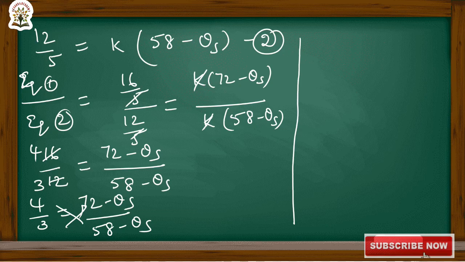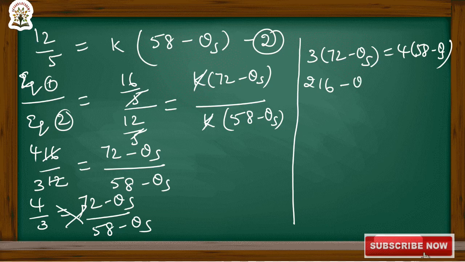Now we will write 3 into (72 minus theta s) is equals to 4 into (58 minus theta s). 3 into 72, 216, minus theta s is equals to 58 into 4, 232, minus theta s. Here 3 into theta s, minus 3 theta s. So here minus 3 theta s, here also minus 4 theta s.